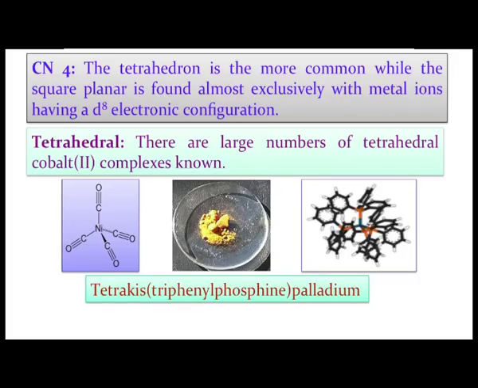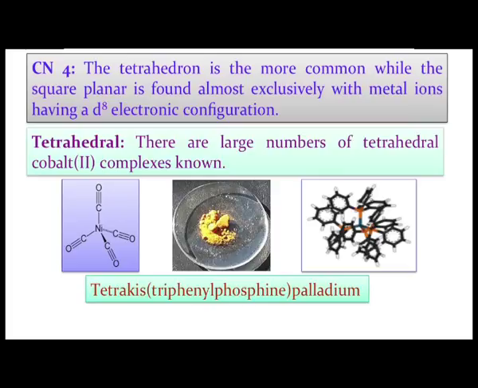So, that is basically coordination number 2. Coordination number 3 is also not very common, and we will not discuss it here, but typically if only 3 points are available around a metal center, meaning a T-shaped arrangement or a regular trigonal arrangement, then only can we have a coordination number of 3.